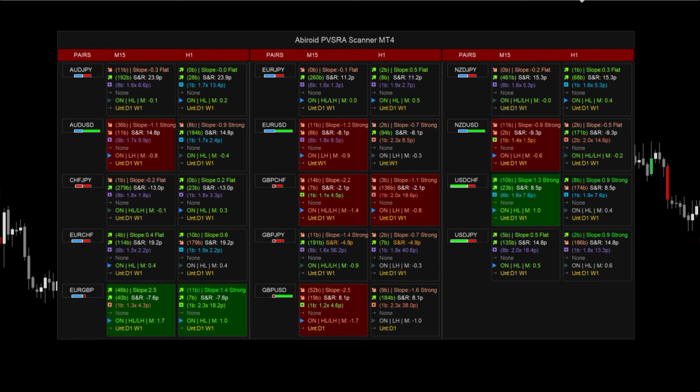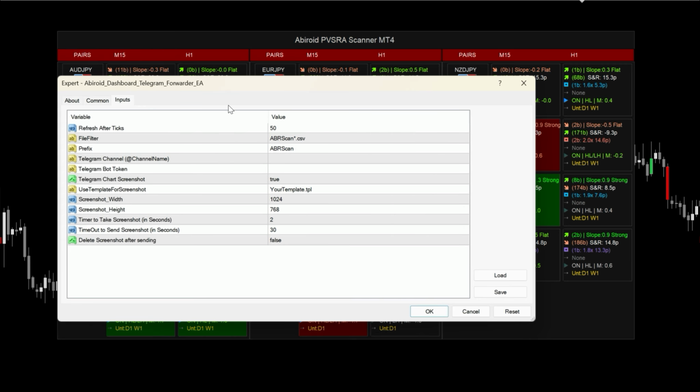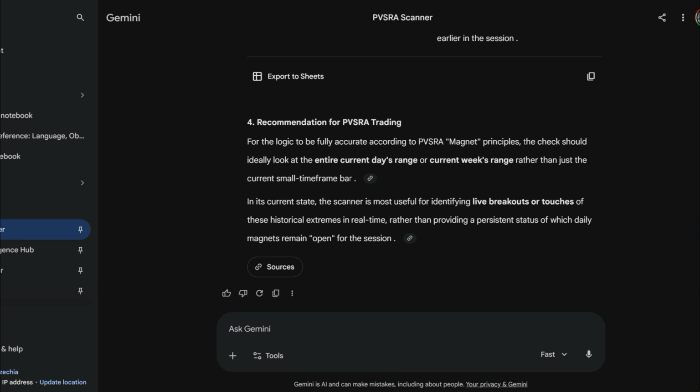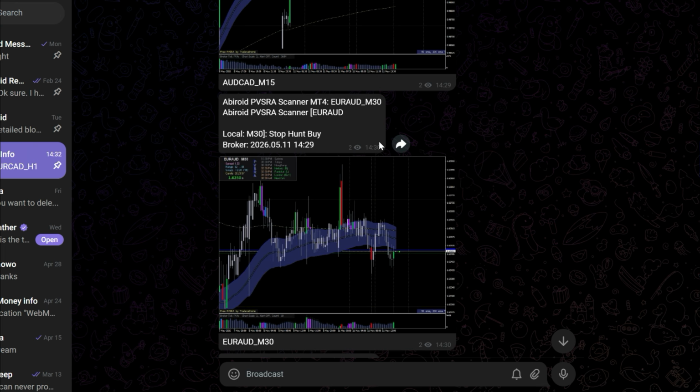You can set your own channel and just add the token that you get from BotFather, and you can set any of your templates, like I have my default PVSRA. After I set this up, I will get all of these alerts along with a screenshot directly to my Telegram channel. Right here, I was testing stop hunts and I got a stop hunt. It will show you exactly which pair, which time frame, along with a screenshot.